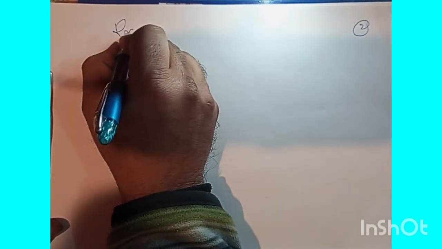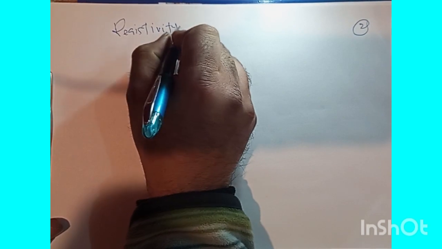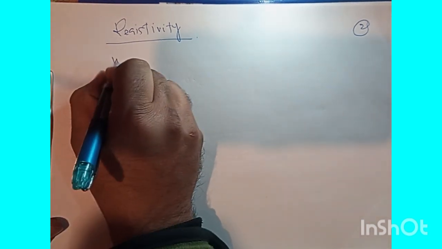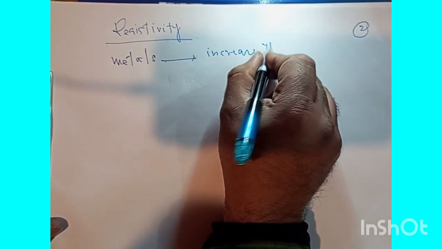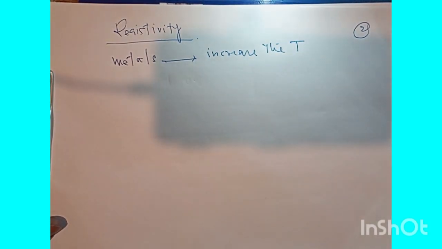If I have to classify these materials on the basis of some parameters, say in terms of resistivity, then in case of metals, if we increase the temperature, there are more collisions between electrons, and these collisions lead to an increase in the resistivity of these metals.